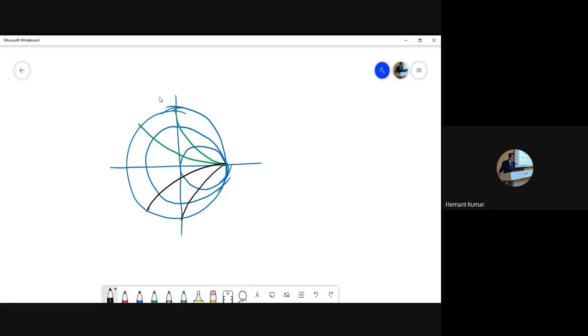Tell me the value at this point. Suppose this point is A. Calculate Z at this point. Options are 0, 1 plus J, minus J.